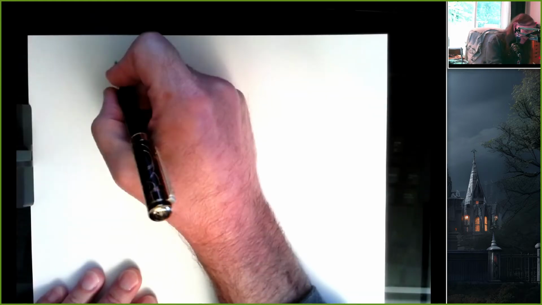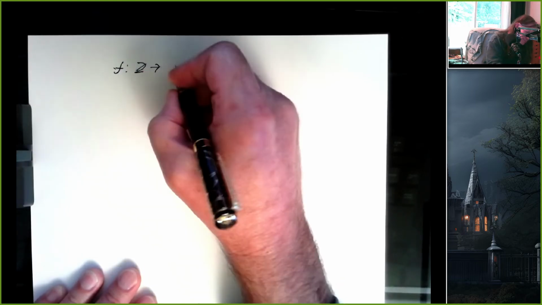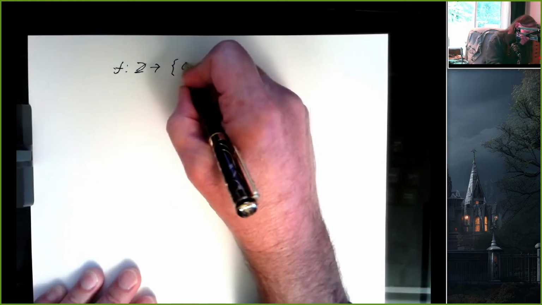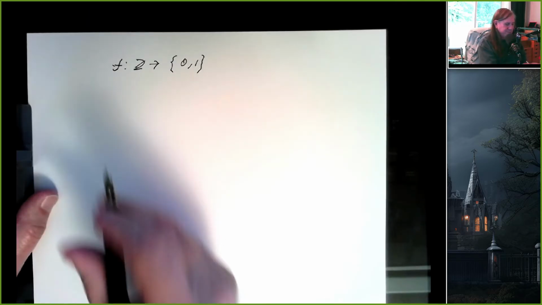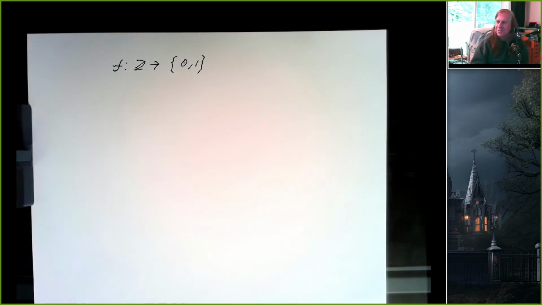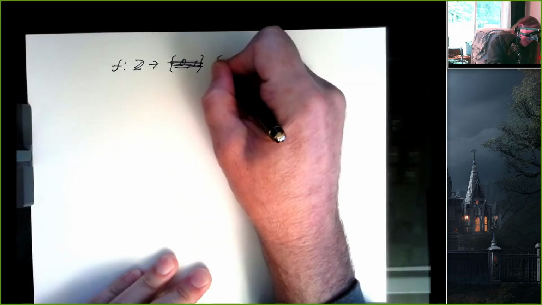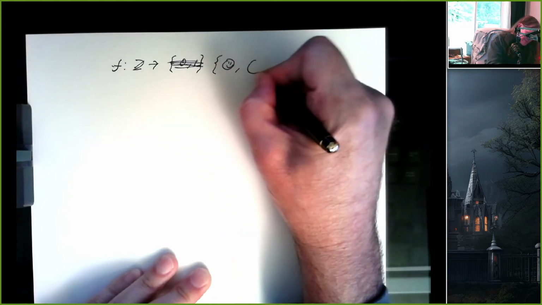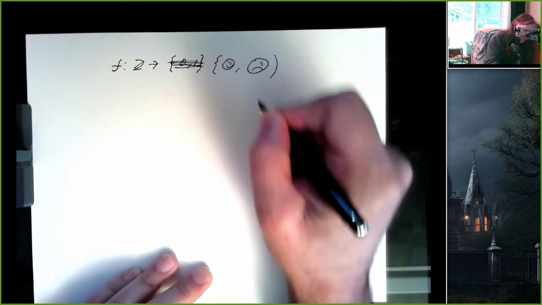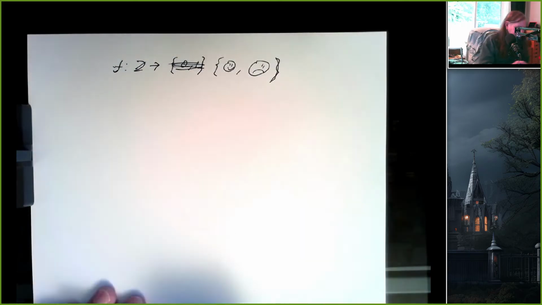So we could have something like this. We could have a function f going from the set of all integers to the set 0, 1. Well, let's make it even weirder. Let's go to the set of smiley face and sad face. And we could define this function as follows.